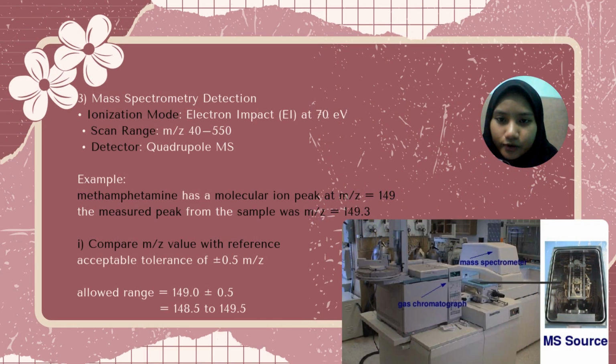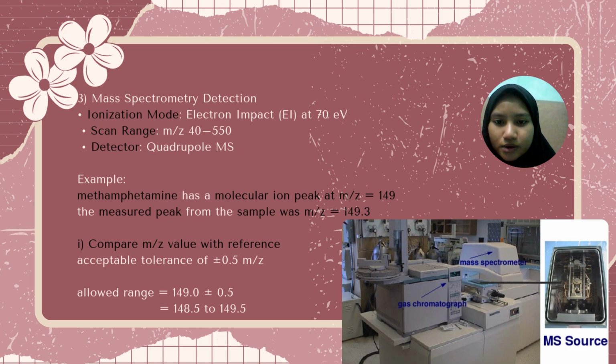For the third part, the mass spectrometry detection, the ionization mode is electron impact, EI, at 70 eV. The scan range is mass-to-charge ratio, m/z, of 40 to 450, and the detector is a quadrupole MS. For example, methamphetamine has a molecular ion peak at m/z 149.